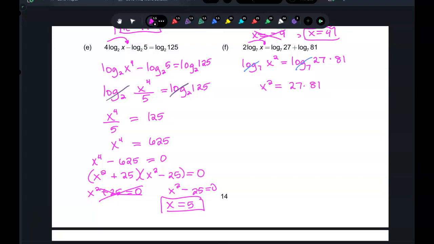Now notice I didn't bother multiplying it out, because ultimately what am I going to end up doing? I'm going to end up doing a square root. Well, square root of 27 is 3 root 3, and square root of 81 is 9. So I would have 3 times 9 with a root 3 left over, which is 27 root 3.